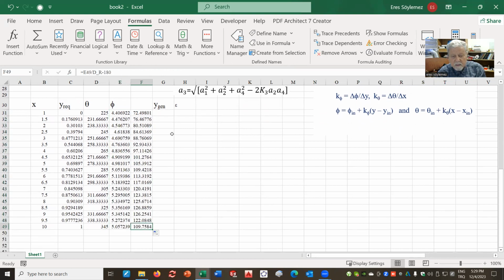This is the result. Y generated will be, I will again use this formula, but this time Y initial is 0. Sorry.